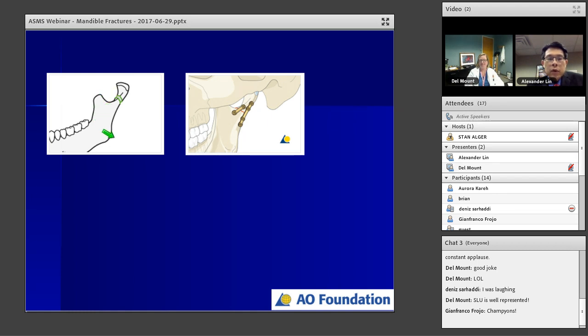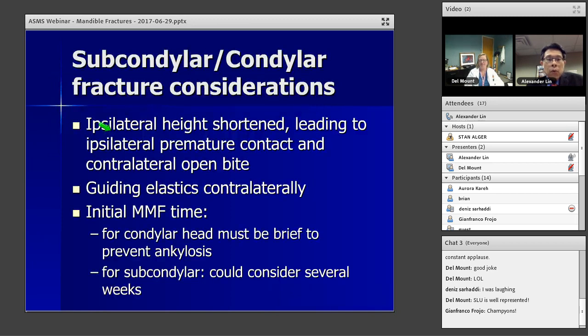And when you have loss of vertical height, you have premature contact of the molars on the ipsilateral side and a contralateral open bite. So what you need to consider is the ipsilateral height will be shortened, so you're going to have ipsilateral premature contact and a contralateral open bite. So the way I think about it is you really need guiding elastics on the contralateral side. What's debatable is the initial time of maxillomandibular fixation.